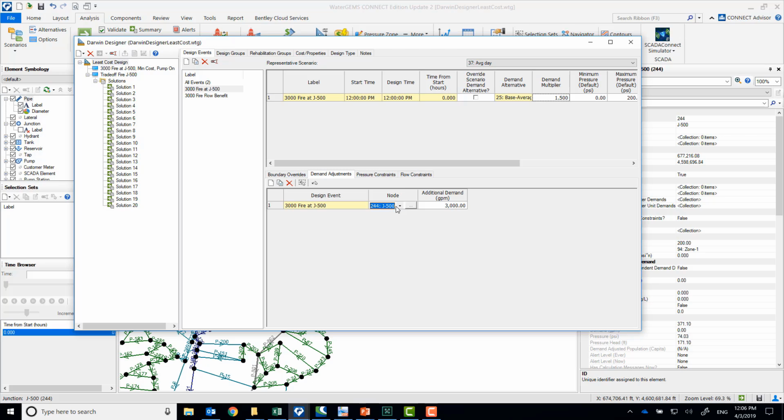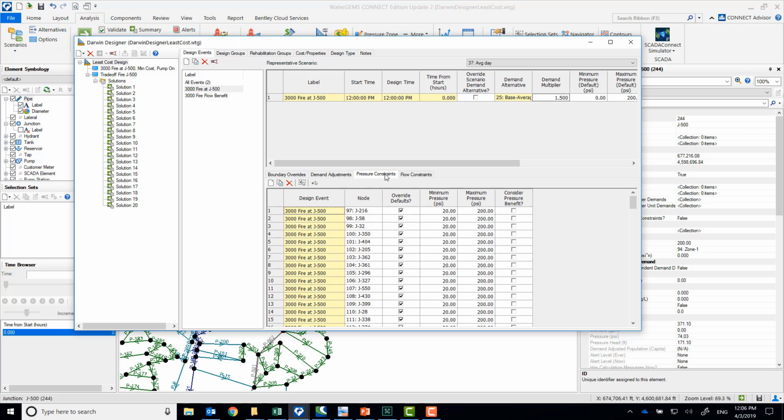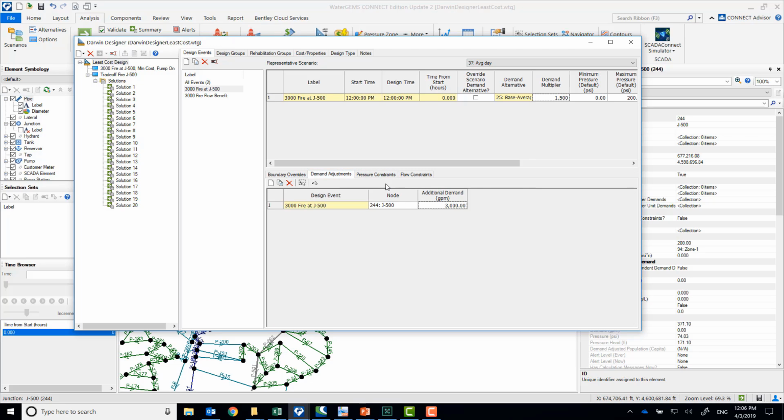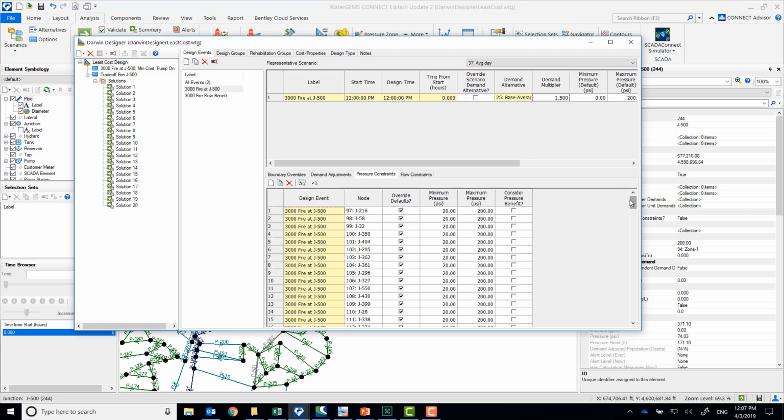So we're increasing the demands at all nodes. In addition to that, we're adding the 3,000 demand to J500, and we're saying while you're doing that, you have to make sure that every single node meets a minimum pressure of 20 psi. Okay, we also set a maximum of 200 psi. And remember, this maximum, it's basically when it's taking into account the trade-off option that we're saying, okay, try to improve the pressure at a particular node.